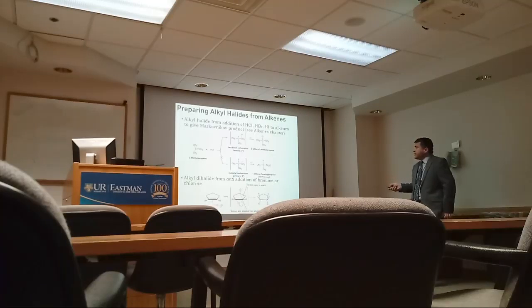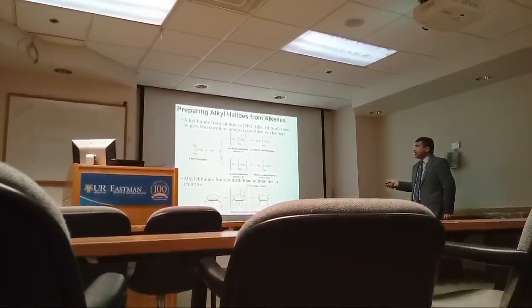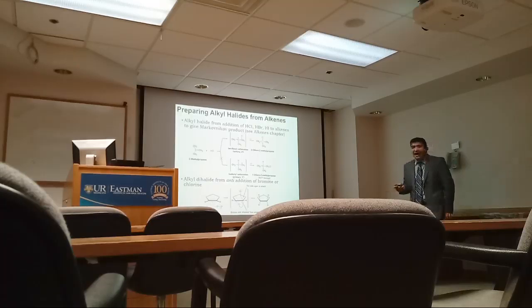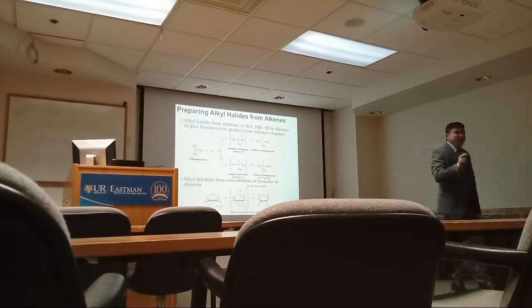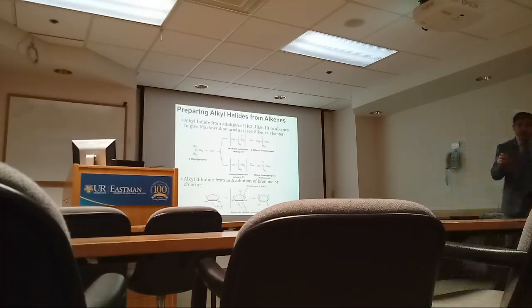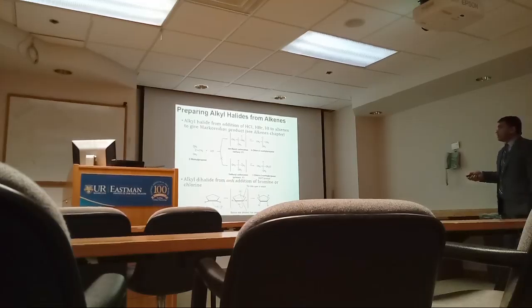So here we are told that the chlorine is not added to the terminal carbon. And why? This is not formed. Why? Because here the carbon has much higher electron density. The electron density is higher with respect to this carbon as compared to the terminal carbon.